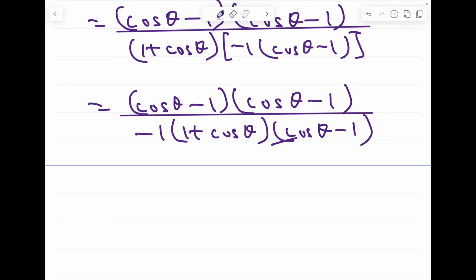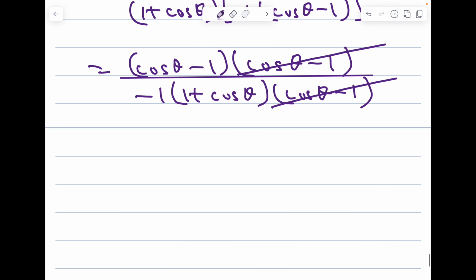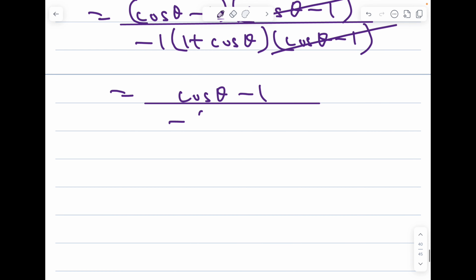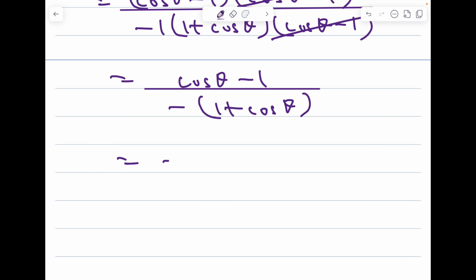And now that means cos theta minus 1 cancels cos theta minus 1, and I'll be left with cos theta minus 1 all over minus 1 into bracket 1 plus cos theta. Of course, if I say x over minus y, that's the same as minus x over y.